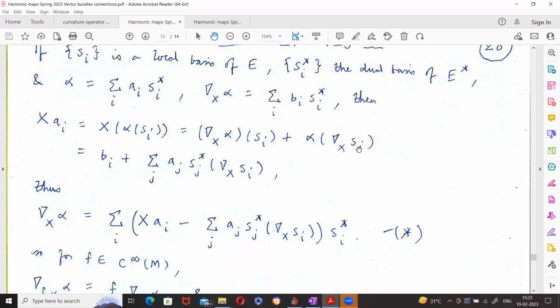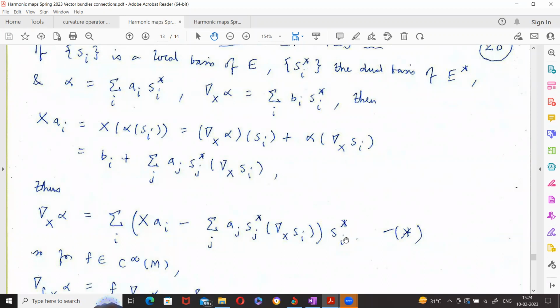And so that means that my nabla X alpha, which is summation B_i S_i star, should be given by sum over i of X A_i minus sum over j A_j S_j star applied to nabla X S_i, the whole thing into S_i star, right?